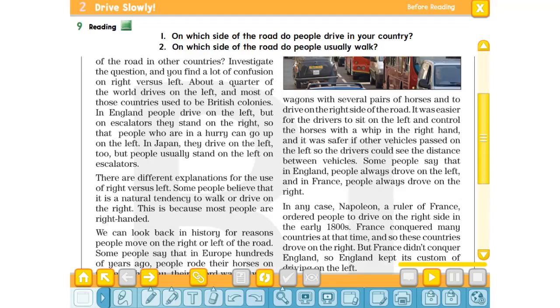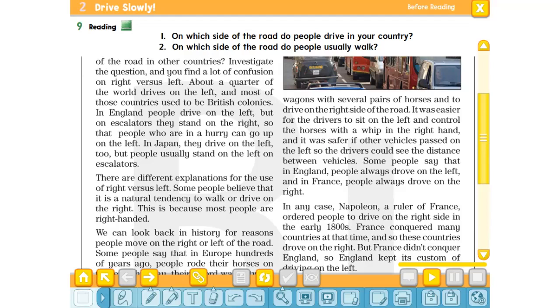Some people believe that it is a natural tendency to walk or drive on the right. This is because most people are right-handed. Thank you, Osama.